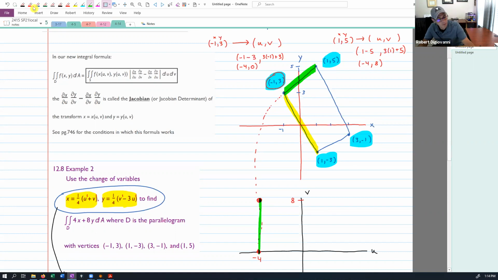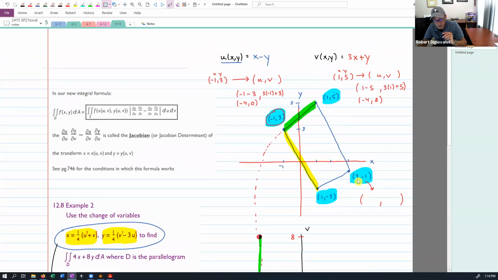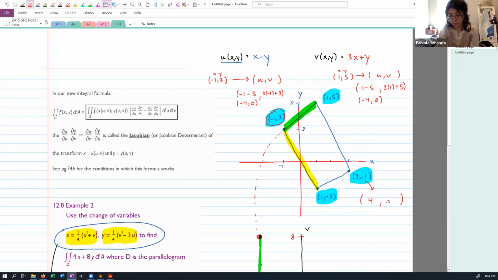Okay, we keep going. So now the next one, let's do this one here. So where does that get you? Maybe we can do it without actually having to write all the work. So the u is going to be the x minus the y. So what should that give me? If I take the x and subtract the y? 4. Okay, and then what's the v? 8. 4, 8.